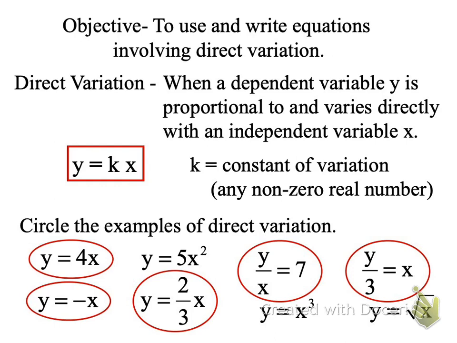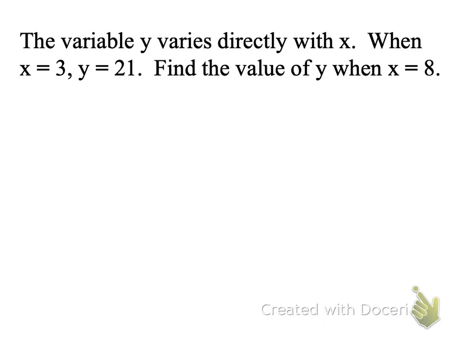Questions? Okay, so now, there are 2 different ways that they can ask us this question. The first is like this, where they give us some values, and they're not going to say, find the k, find the constant of variation. But first of all, they tell me right away, y varies directly with x.